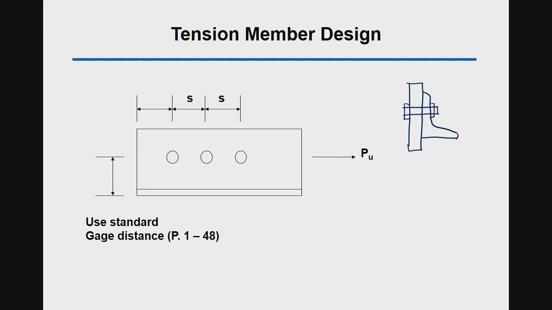Or choose a back-to-back double angle member, connected back-to-back to the gusset plate.